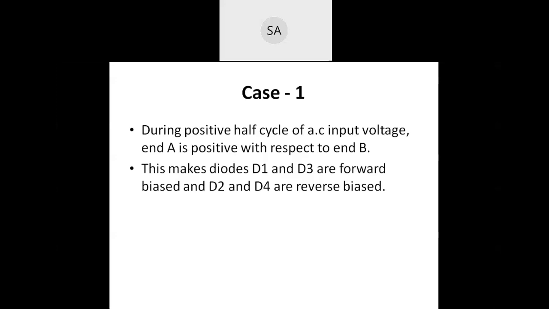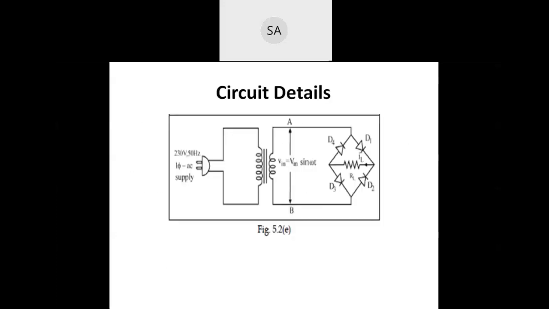During the positive half cycle of the AC input voltage, end A is positive with respect to end B. So in this diagram, let us write the annotation. During this positive half cycle, this end A is positive and this end B is negative.